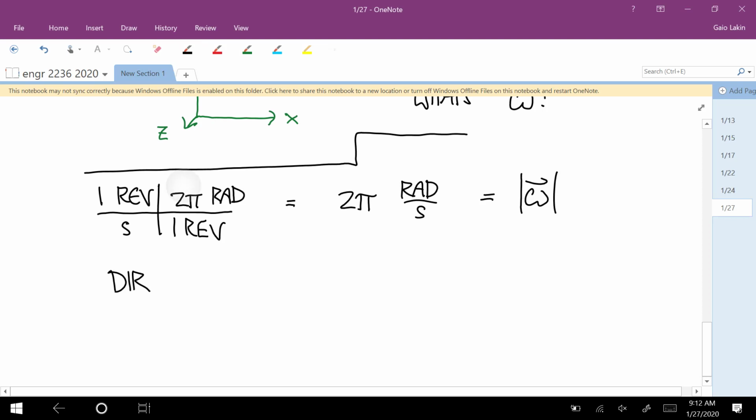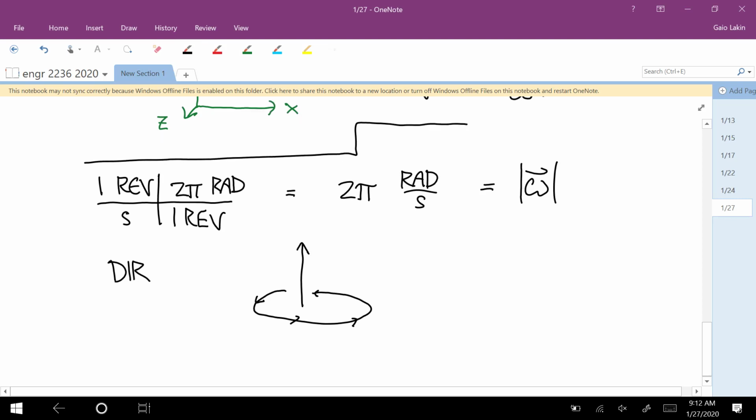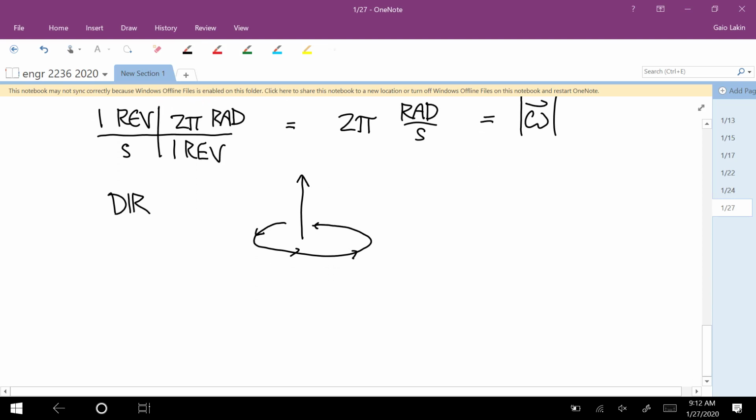So the direction, since it's going this way, the right-hand rule says that's the way your thumb goes. And so the angular velocity is 0, 2 pi, 0.